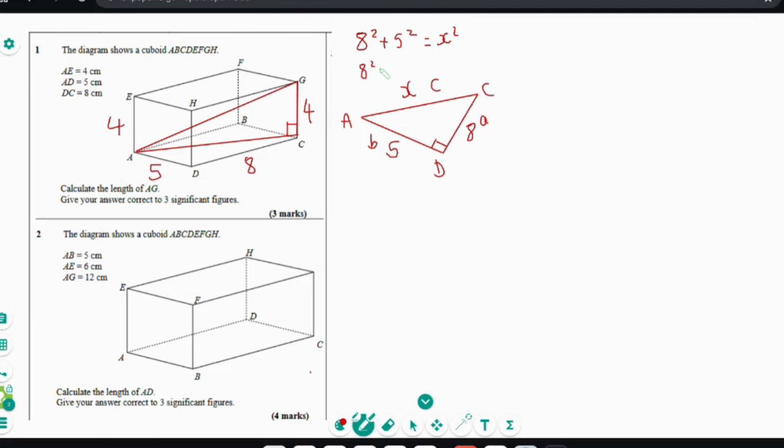So add the squares, square root. We get 9.43.